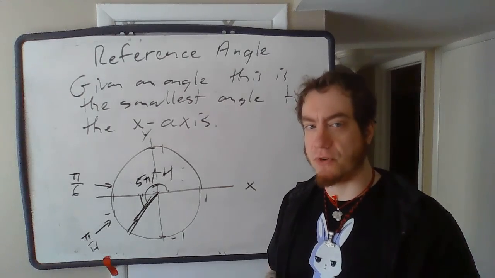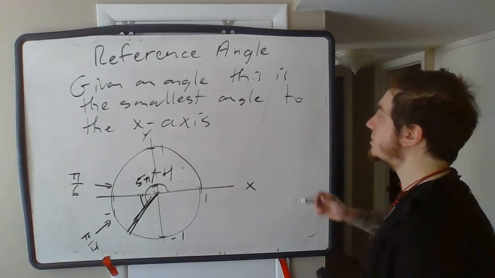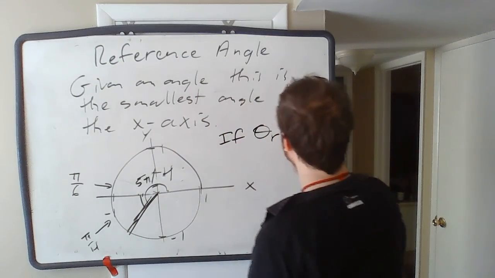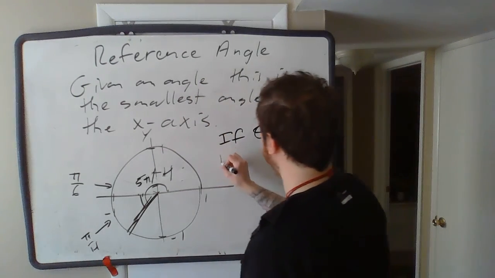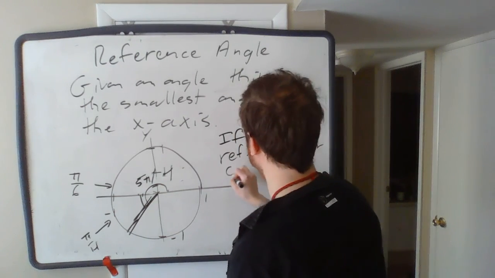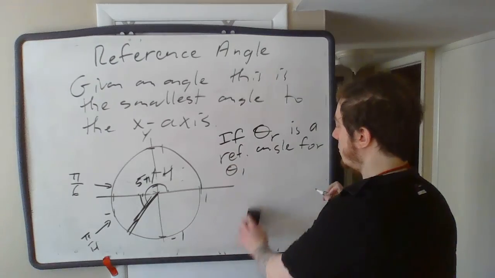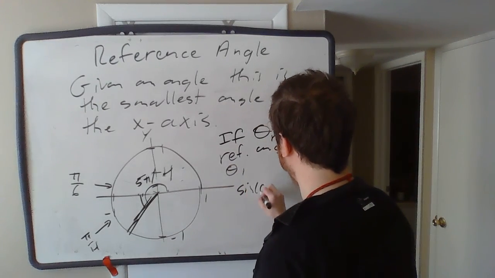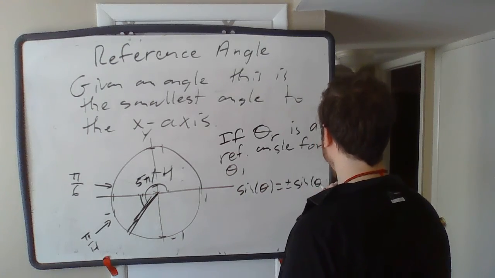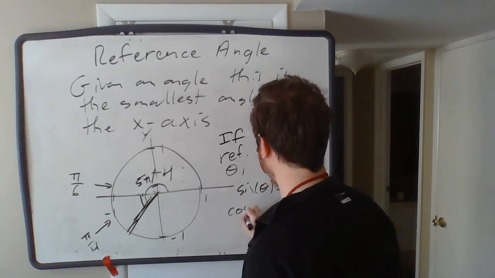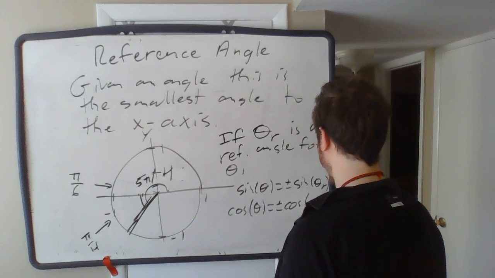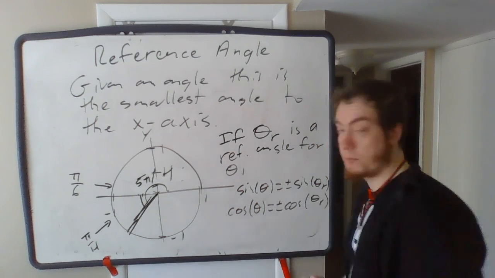Now, why do we call it a reference angle? Well, the reason is because if theta sub r is a reference angle for theta, then the sine of theta is equal to plus or minus the sine of theta r, and the cosine of theta is equal to plus or minus the cosine of theta r.